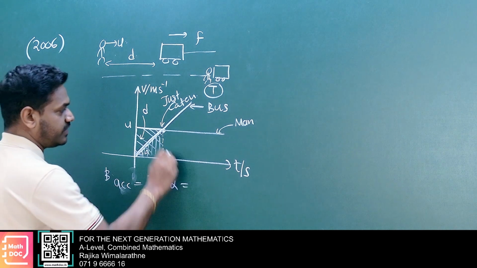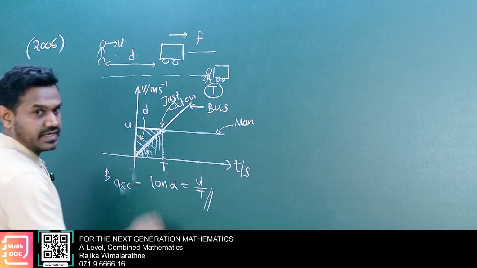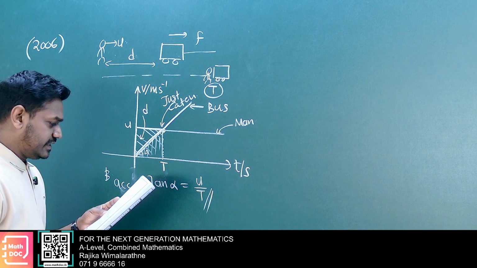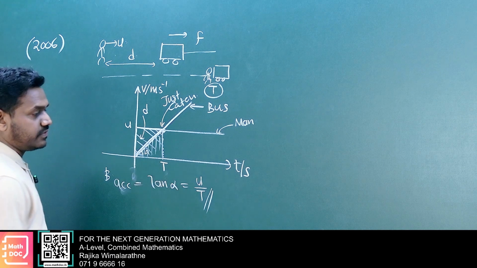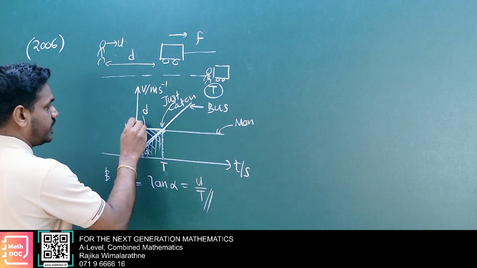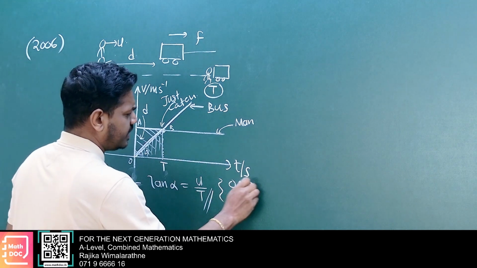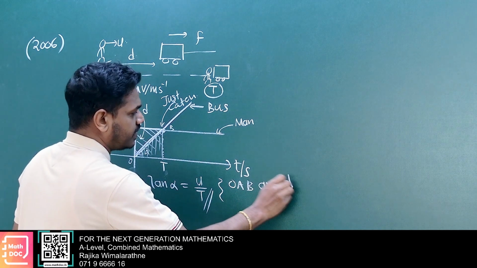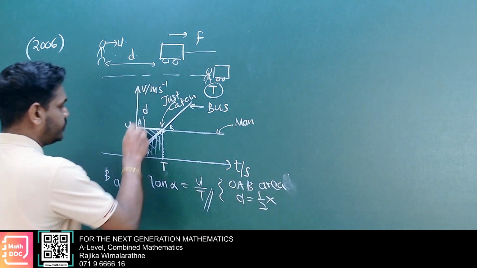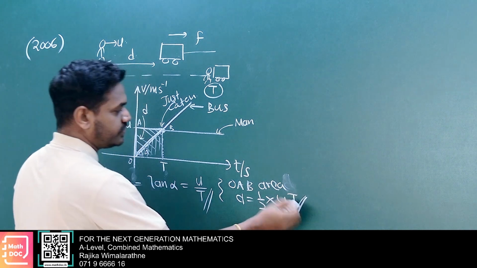Bus acceleration is tan alpha, that is u divided by T, very simple now. Then the initial distance of the man from the bus stop, that displacement is given by this area, say OAB. OAB area is d. d equals half into u into T.